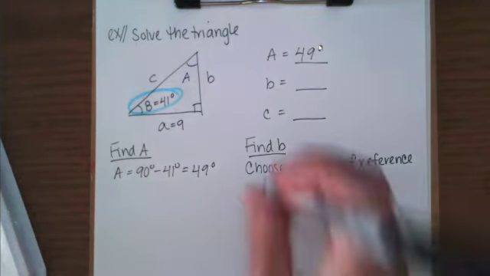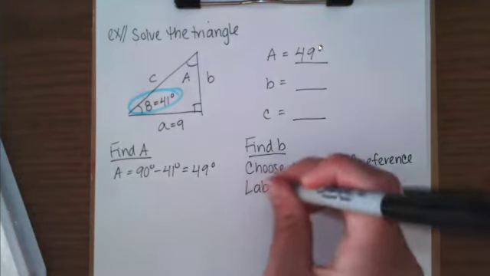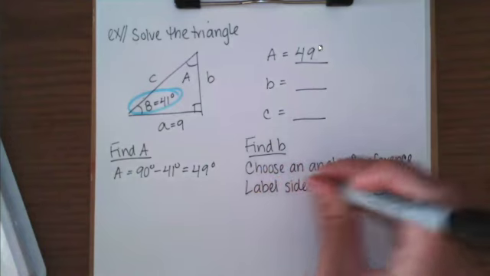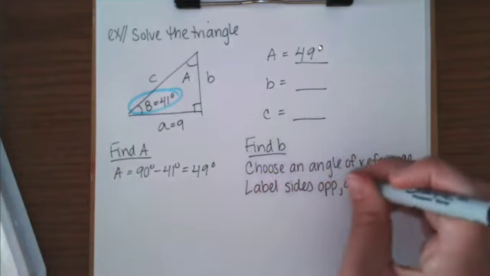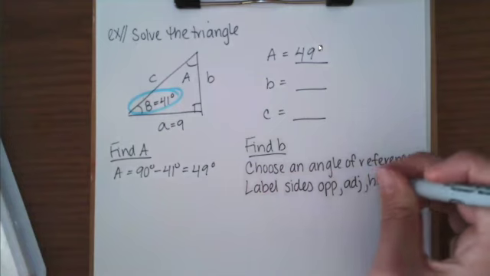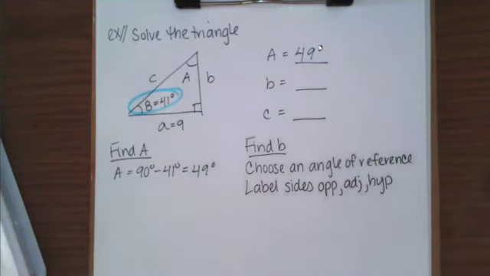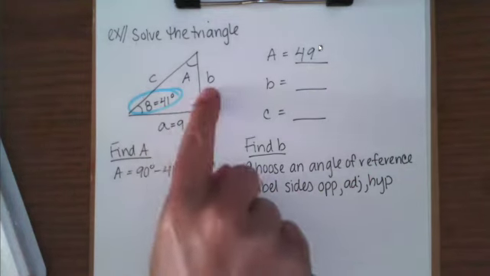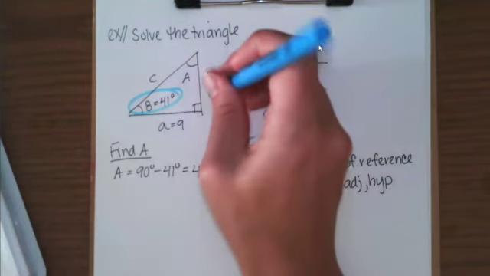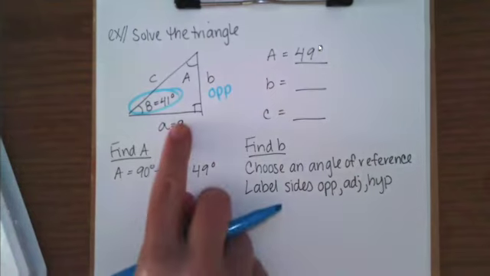The next step is I want to label my sides opposite, adjacent, and hypotenuse based on that angle of reference. Based on where this angle is, the side across from it, that's opposite. The side next to it, that's adjacent.